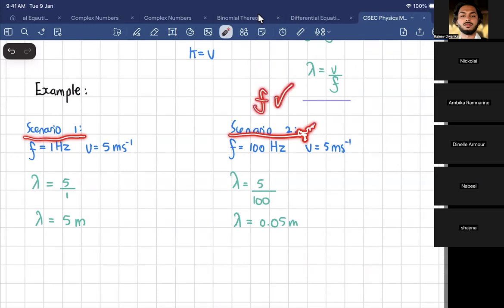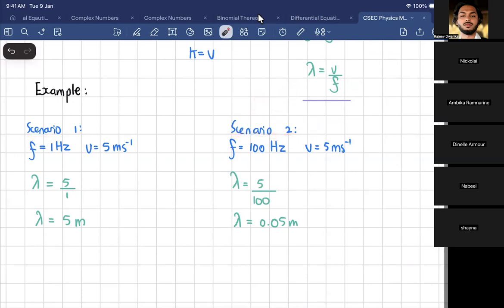So scenario two will get a point for frequency, right? It had the higher frequency. Which one had the smallest wavelength? Scenario one or scenario two? It's two.